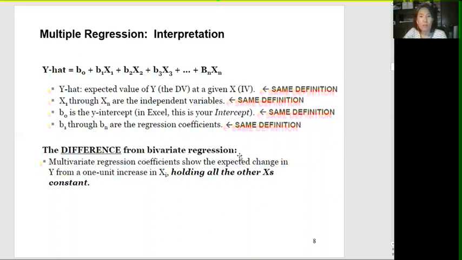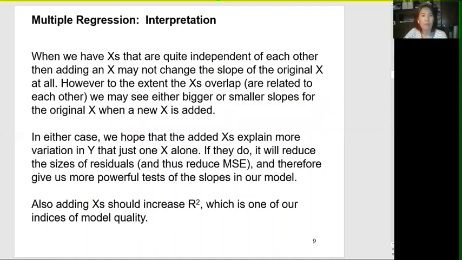The difference between bivariate regression, so simple regression, and multiple regression is this part: holding all other x constant. Constant means the same value, equal value, fixed value, okay? So holding all other x's the same. When we have x's that are quite independent of each other, then adding an x may not change the slope of the original x at all.